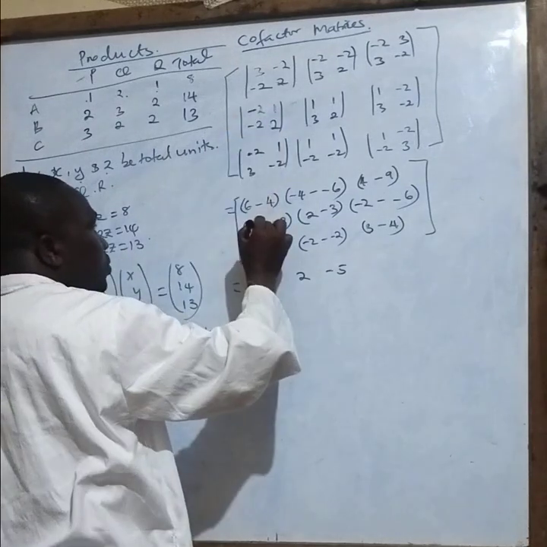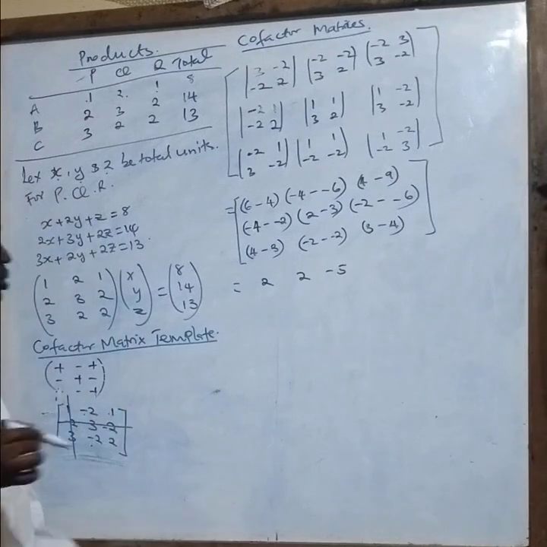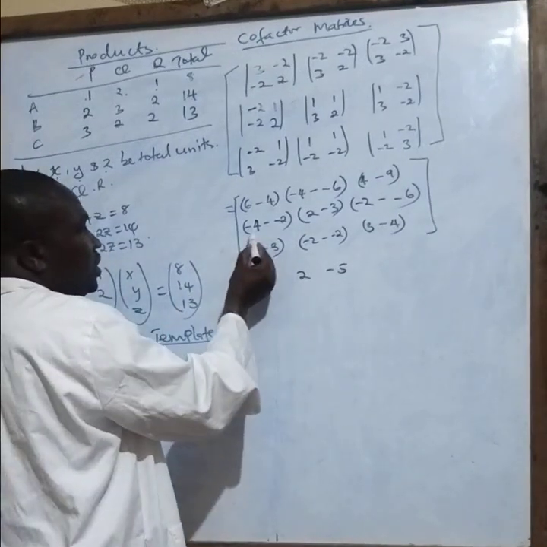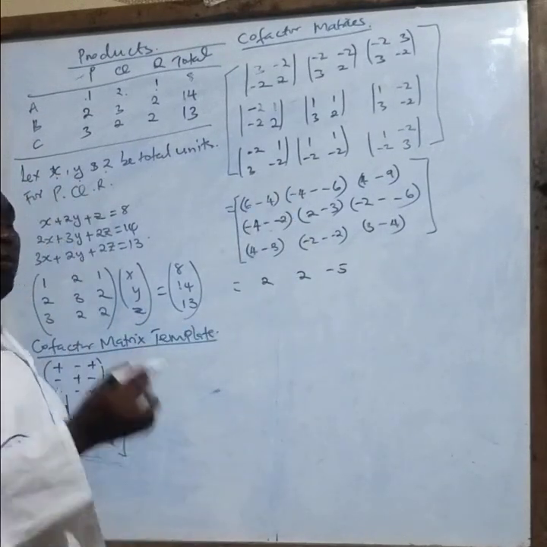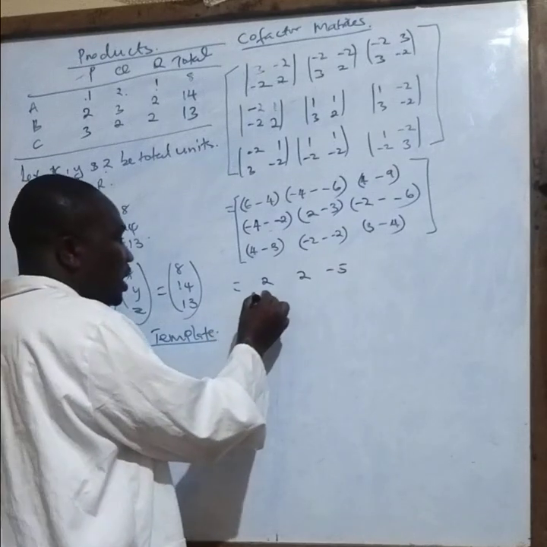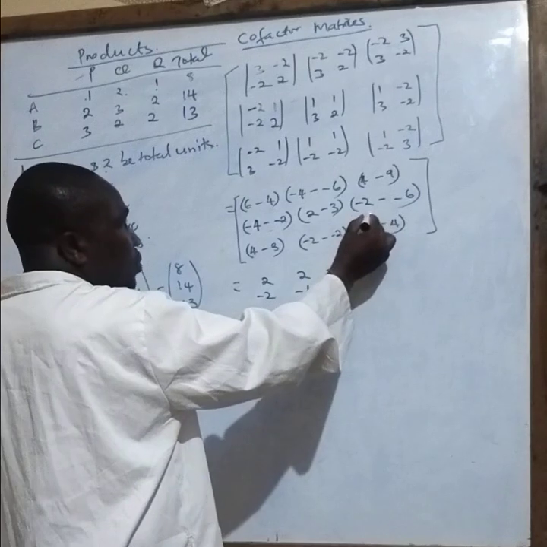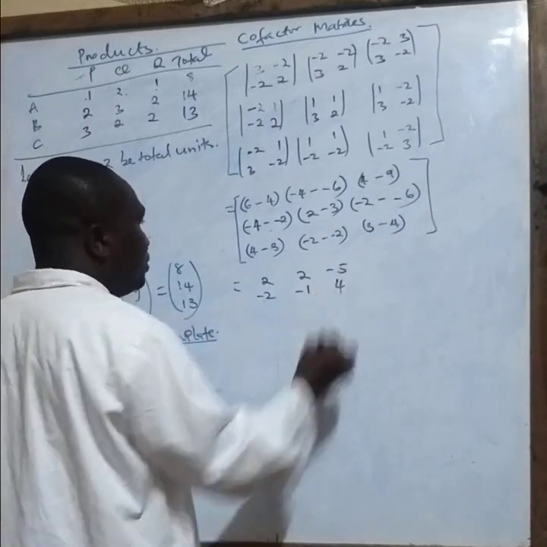This times this will give you 4. Now, I give you 4 like that. So this is negative 4 minus 2 will give you what? Negative 4 plus 2, which gives you what? Negative 2. This one gives you negative 1. And this one will give you negative 2 plus 6 gives you positive 4.